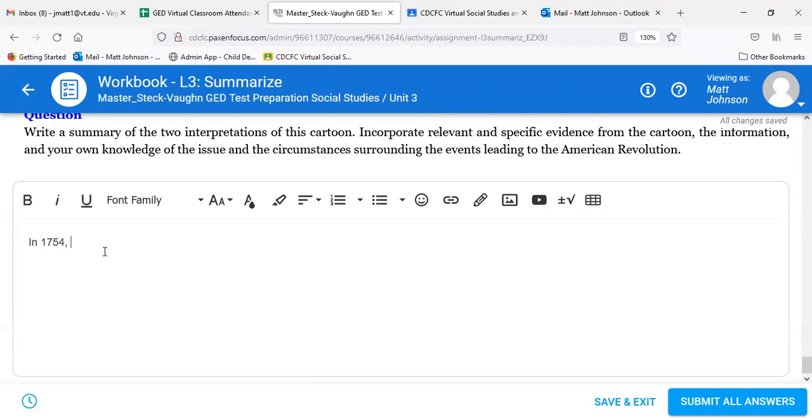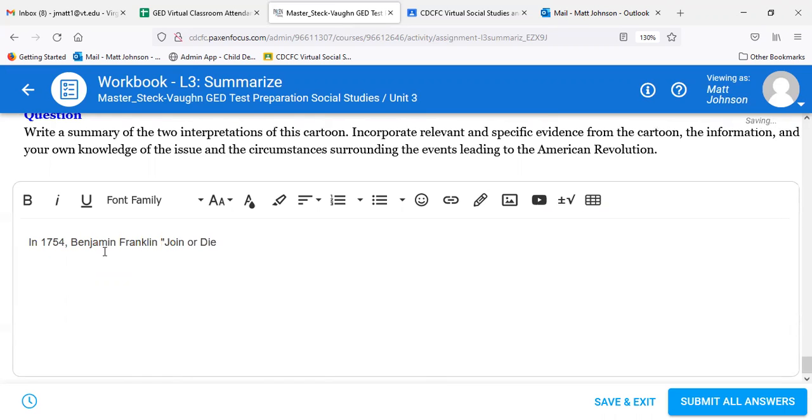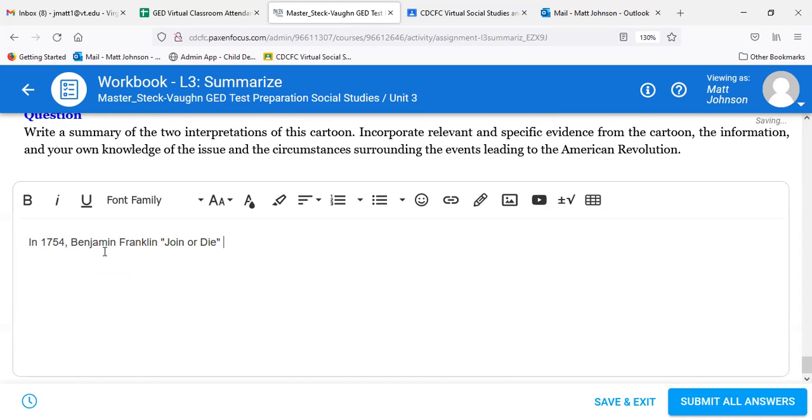So you said in 1754, Benjamin Franklin's Join or Die political cartoon was published and had two interpretations.